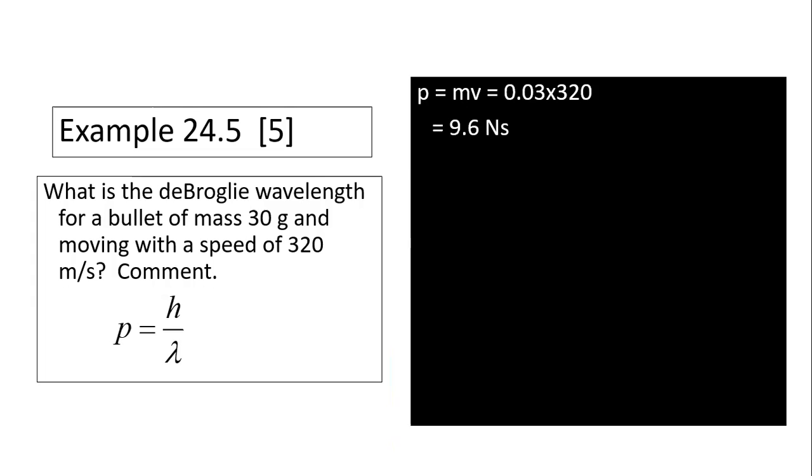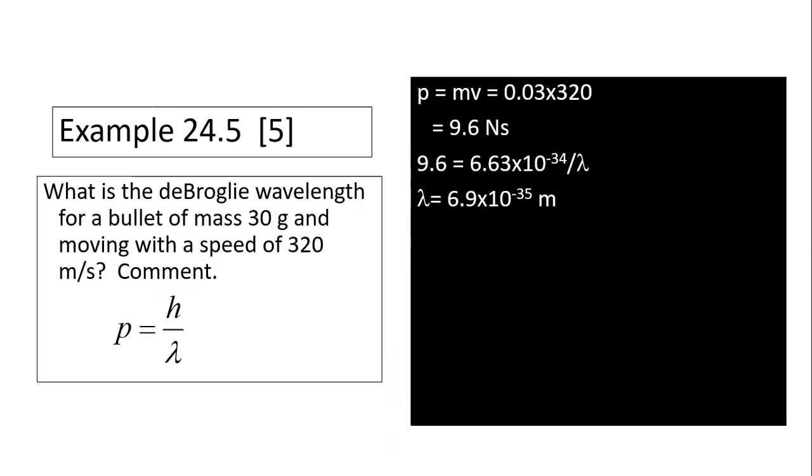Then calculate using your de Broglie equation. Calculate your wavelength. Can get the answer? Can, sir. Any comment? No, sir.